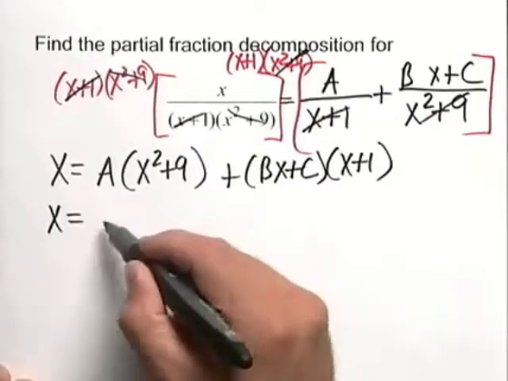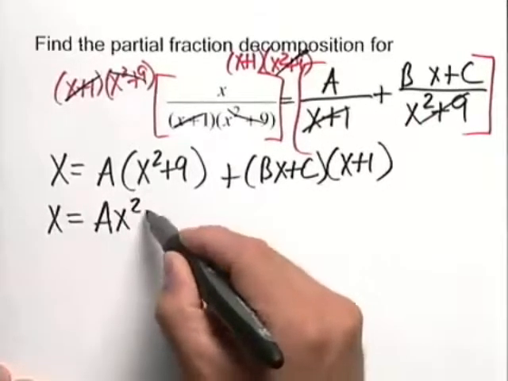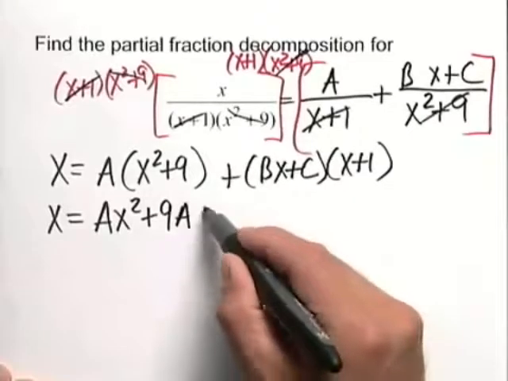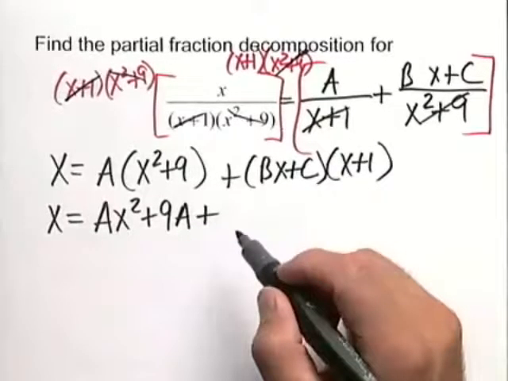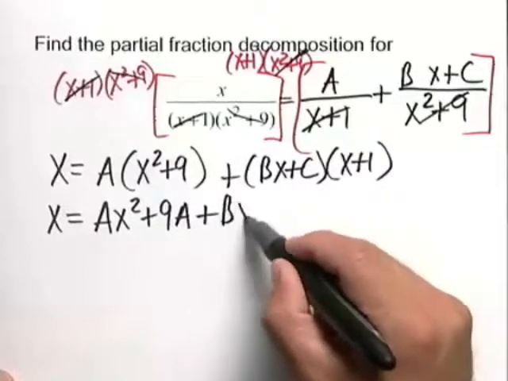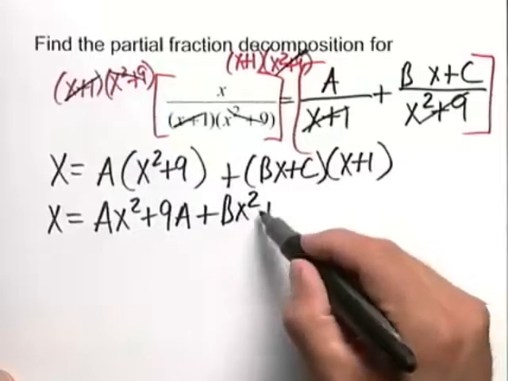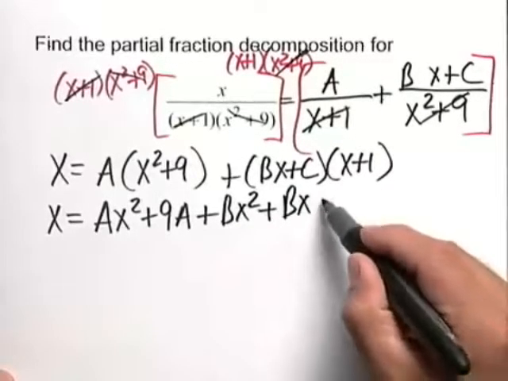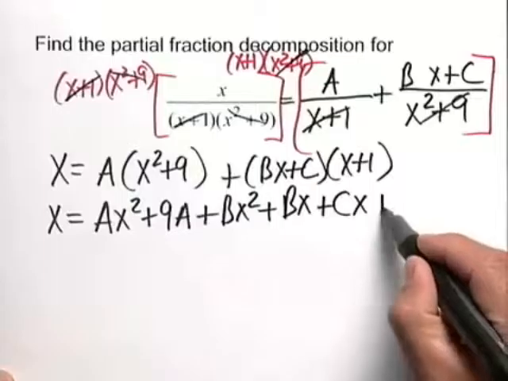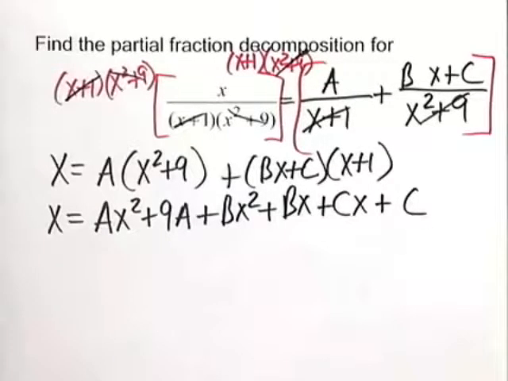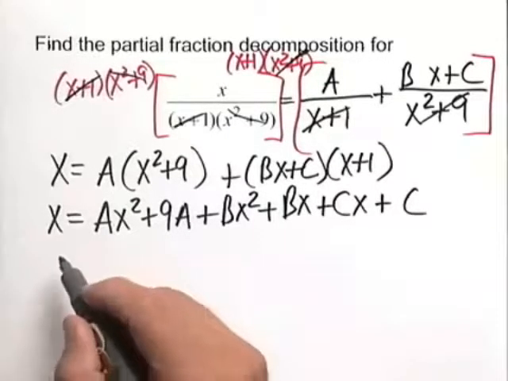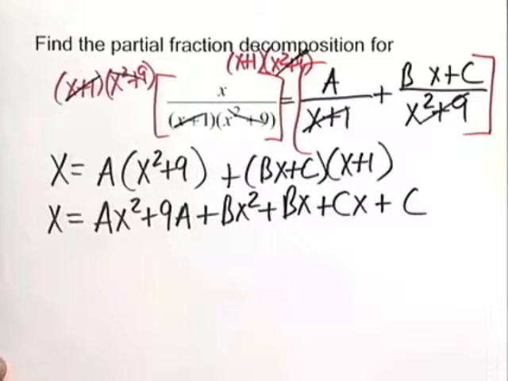Distribute our A through to get Ax squared plus 9A. FOIL this problem out. We're going to come up with Bx squared plus Bx plus Cx plus C. Okay, now let's gather all our like terms on one side and see what we have here.